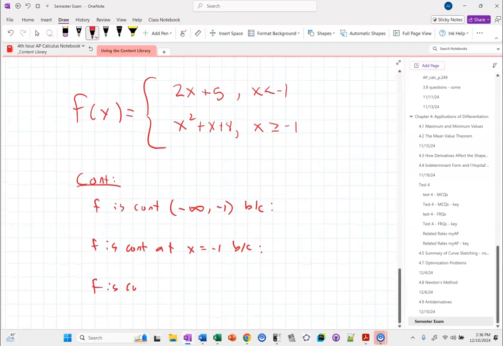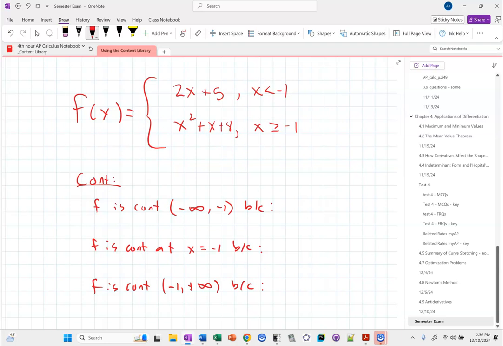And then f is continuous from negative 1 to positive infinity because third thing. That's my general setup. If I'm showing a function is continuous, and it's piecewise, I need to show each piece is continuous, and then the boundary has continuity.